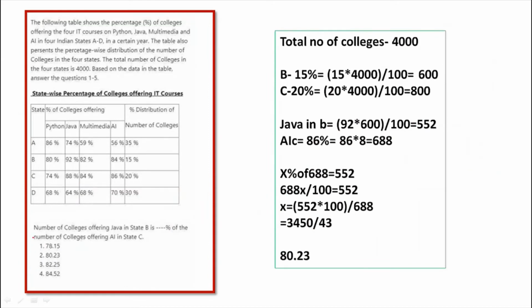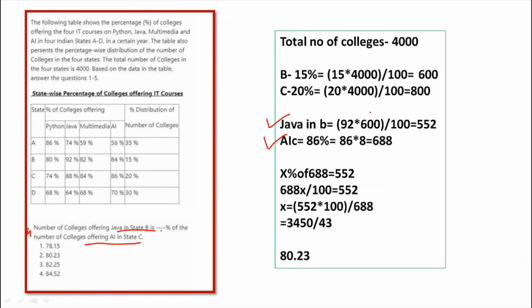Now the next question is: total number of colleges offering Java in state B is what percentage of the number of colleges offering AI in state C. So we will have to find out Java in state B and AI in state C. With this we can find it just by looking at the percentage.